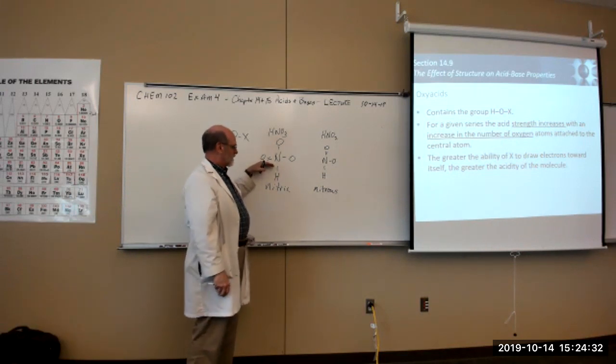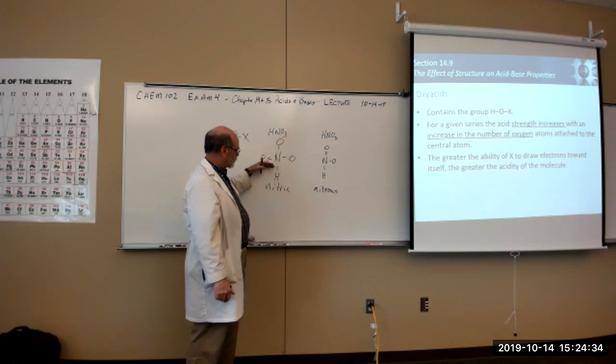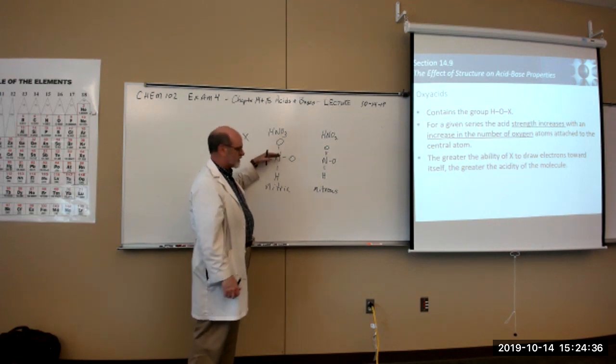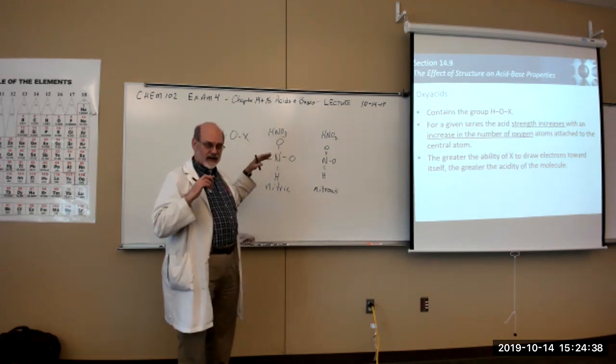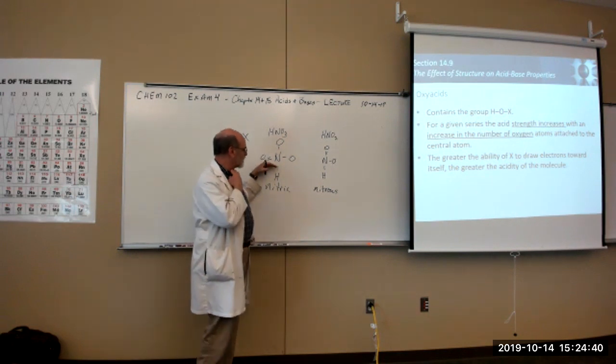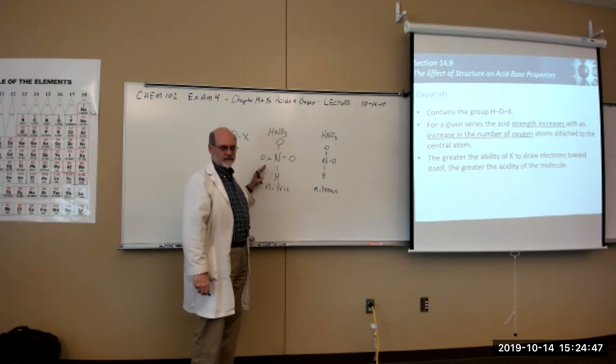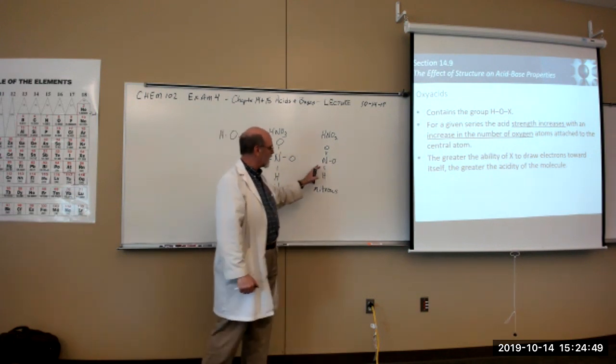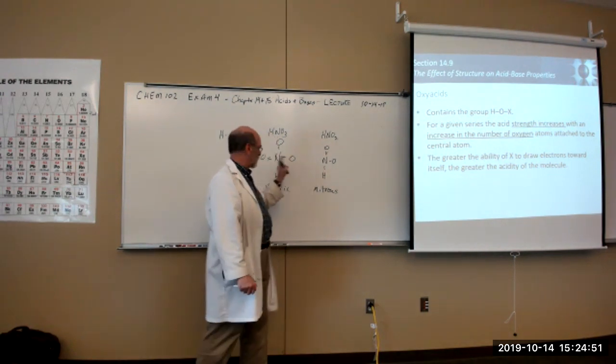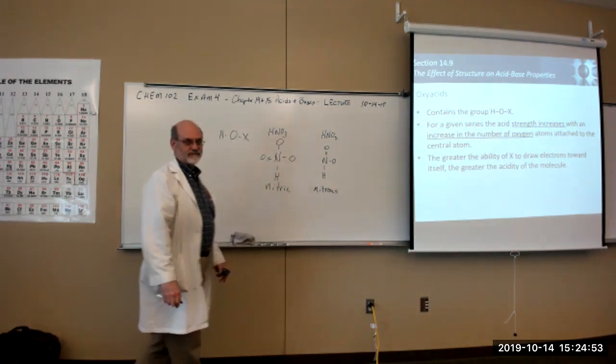So the more oxygens you have, the stronger the pull of the electron density away from the hydrogen. And there again, the more density that you can spread up here, the less down here, the easier it is for that hydrogen to dissociate. So here, it's not as easy to dissociate compared to that one. Okay?